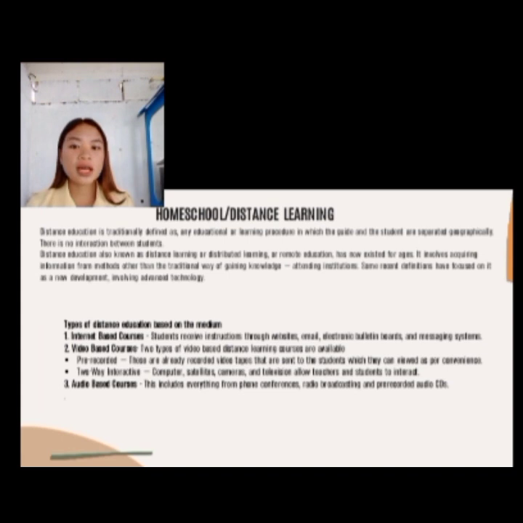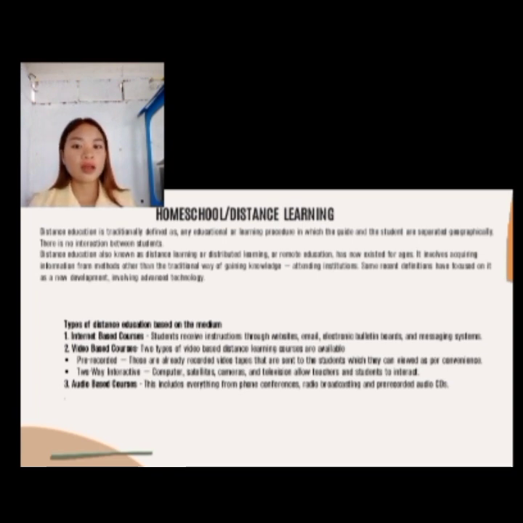So, distance education is traditionally defined as any educational or learning procedure in which the teacher and the students are separated geographically. From the word separated geographically, the teachers and students are not in the same place, or it is not in the school.